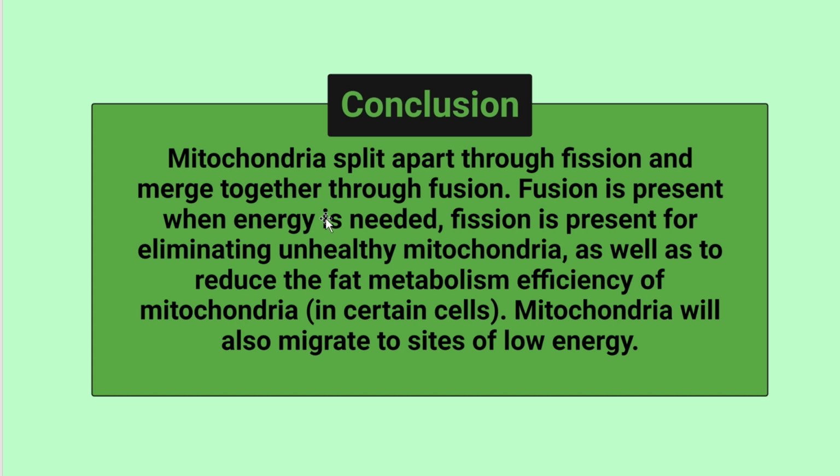So a few of the highlights: mitochondria split apart through fission and merge together through fusion. We know that for sure. And fusion is present when energy is needed. This is a little bit debated still, and I'm not completely convinced by this, but at least with the addition of fat, we saw that there was an increase in fusion and a decrease in fission.